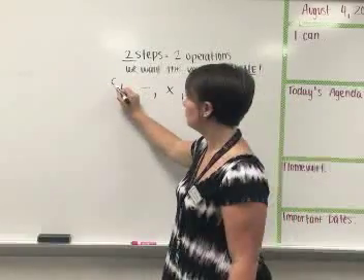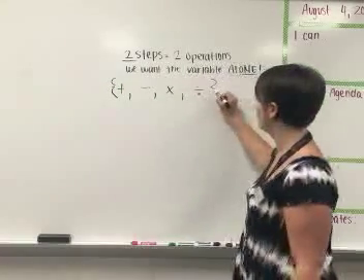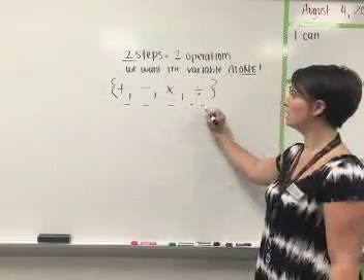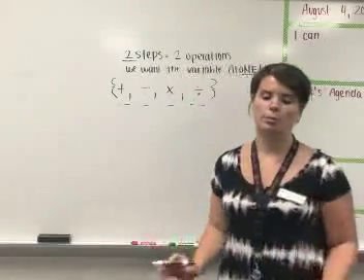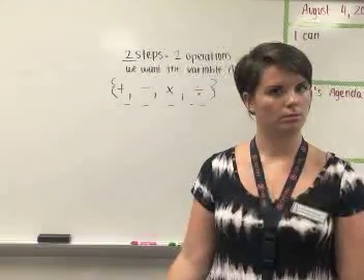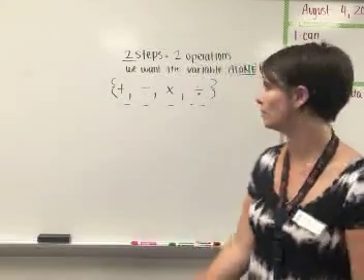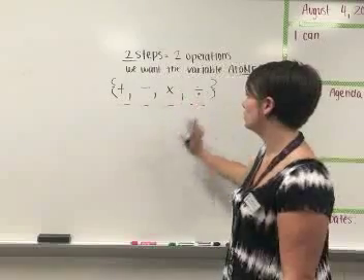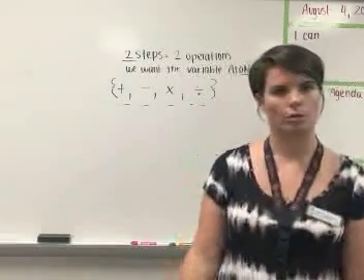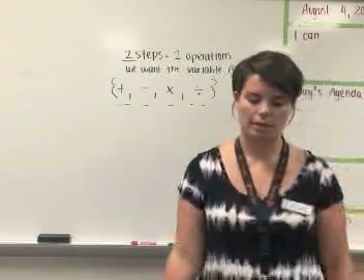These are some operations for you, okay? Addition, subtraction, multiplication, and division. Those are all operations. Now, do we have an order? Yeah, of course. Order of operations says that division and multiplication come before addition and subtraction, right?